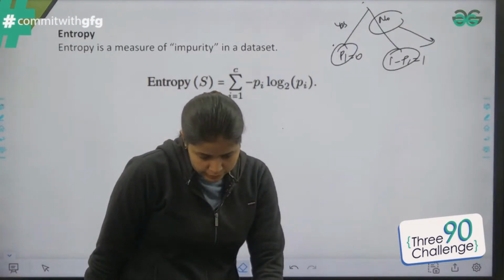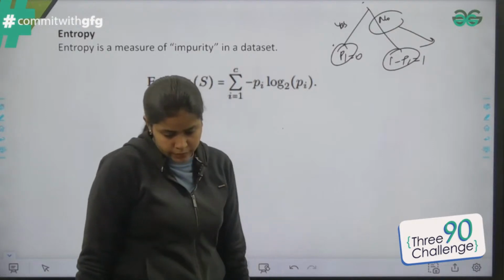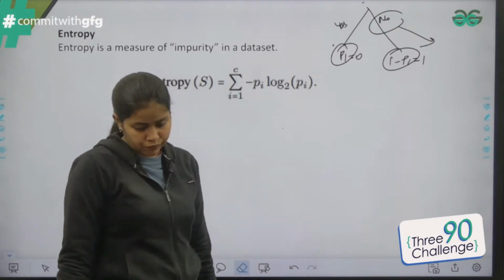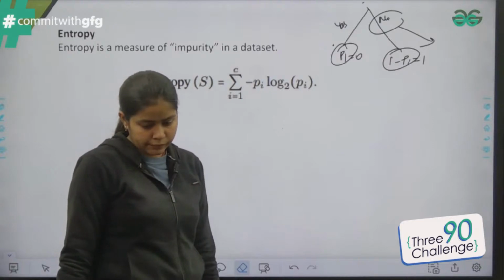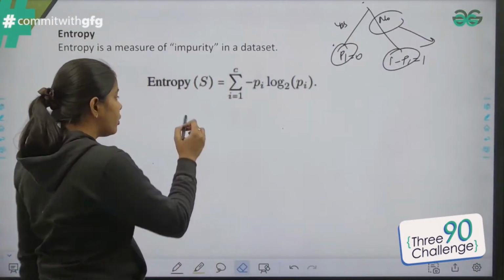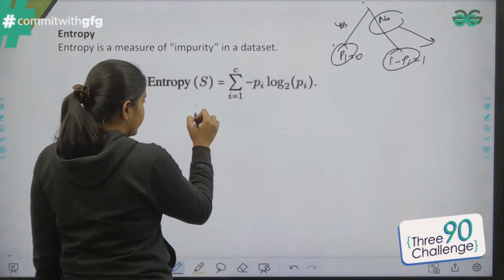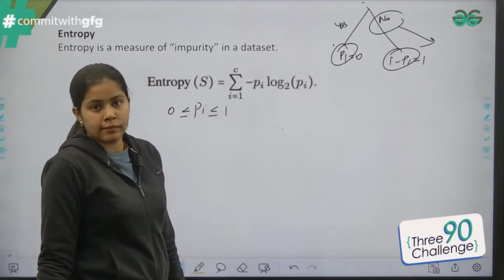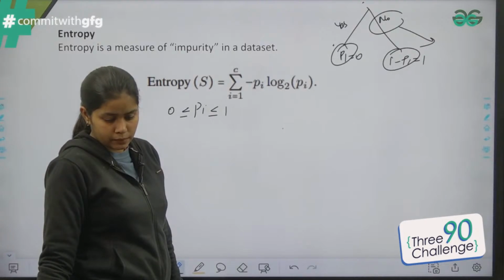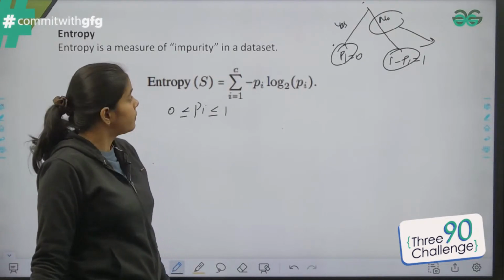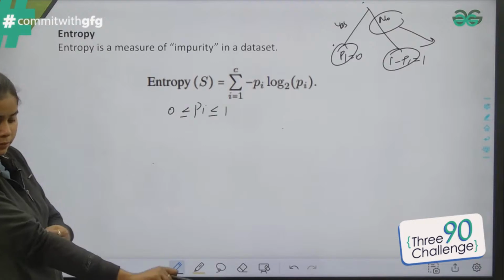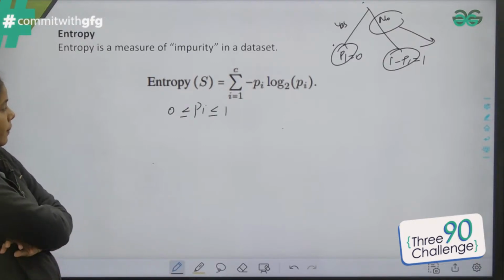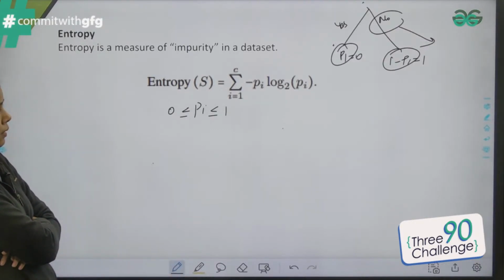I think we earlier calculated that it was greater than 1. I told you about the probabilities that Pis lie between 0 and 1. What would be the maximum value for entropy here?